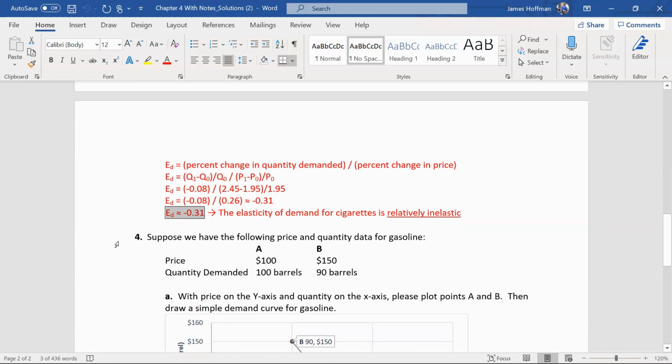Okay, and that number in absolute value is much less than 1. So that means that customers didn't respond very much to the price change. So that means that elasticity of demand for cigarettes in this example is inelastic.